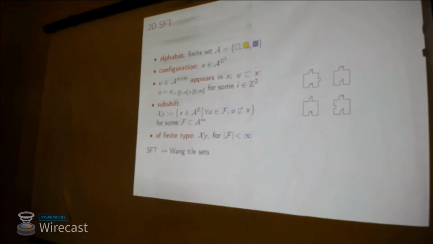This is an example of a nearest neighbor subshift of finite type, which means that forbidden patterns are always of shape 1 times 2 or 2 times 1. But if you have bigger patterns, you can encode them by grouping the information inside each tile. In the same way as in one dimension, in the graph, the vertices of the graph could have some memory of length n of what you have already read.